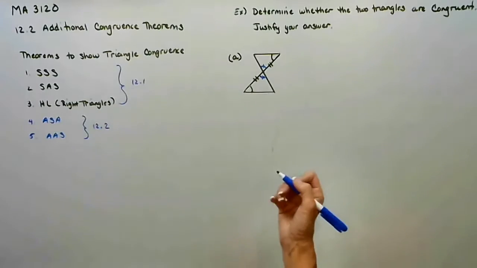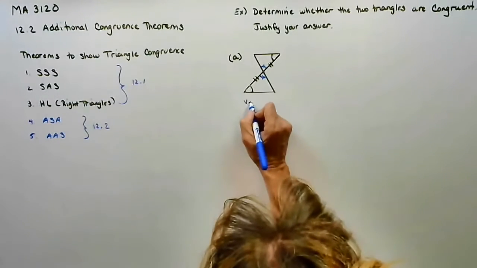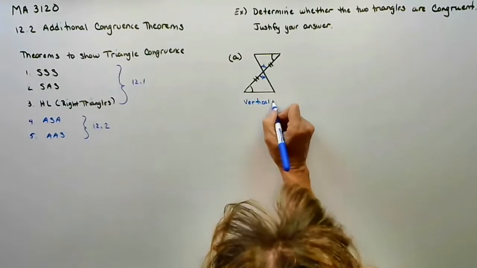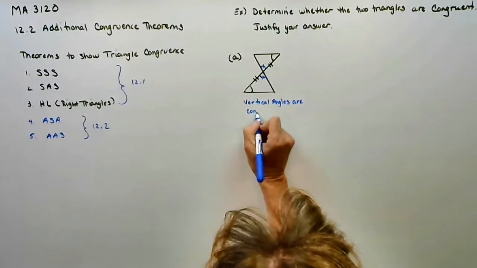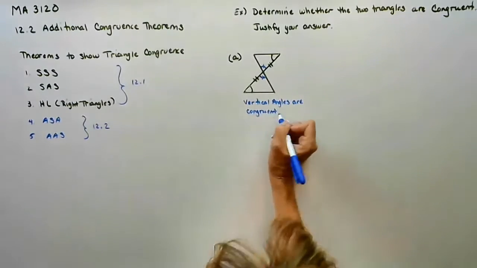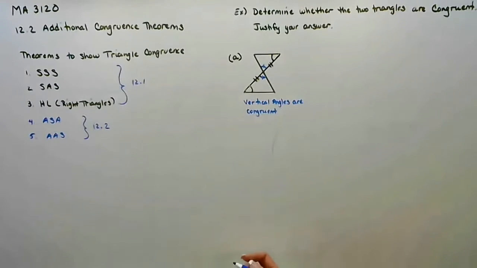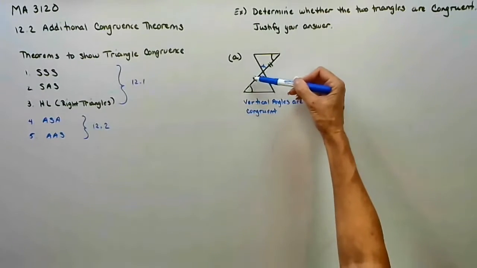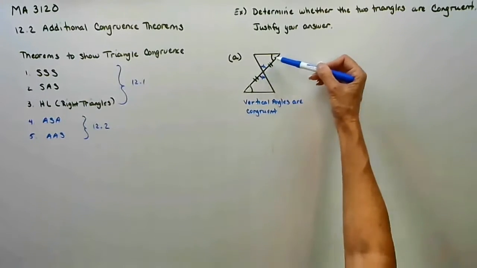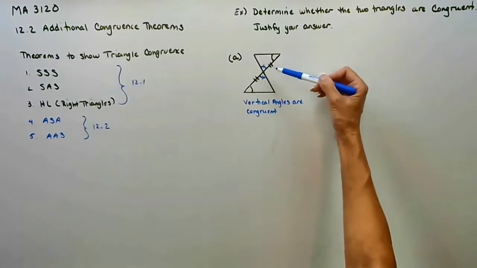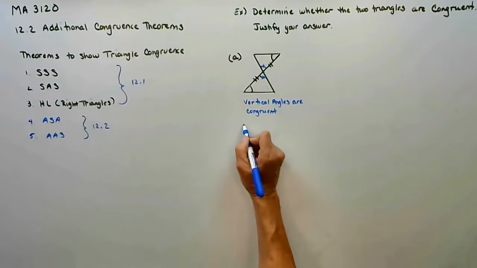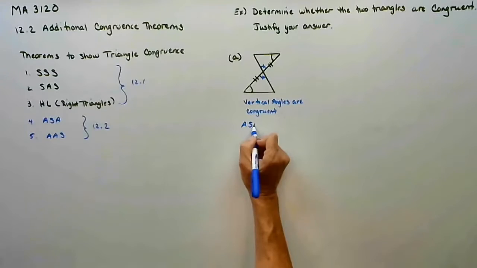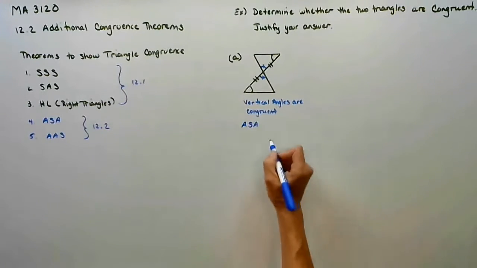So since we have vertical angles, and I'm just going to put that in here, vertical angles are congruent. If we were face to face, we'd be having this discussion together. So now look at what we have. We have an angle, a side, and an angle. And we have an angle, a side, and an angle where the side is between the angles. So these would be congruent by angle, side, angle triangle congruence.